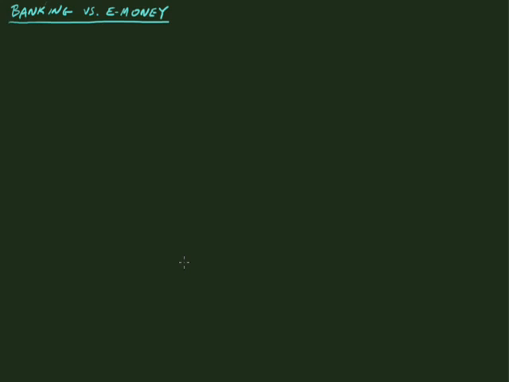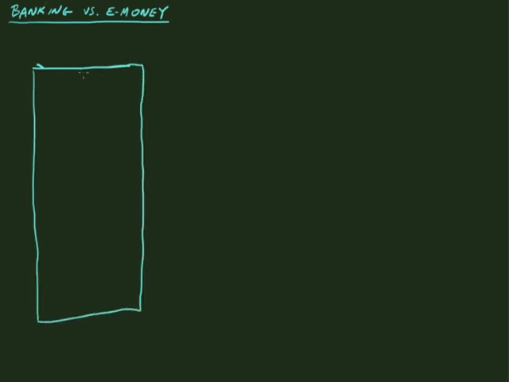To look at all of this, first let's understand the activities of a bank, which we can represent through their balance sheet, which is typically fairly large and contains two sides. On the right-hand side, we put liabilities, which are the funding sources, where money comes from for the bank.